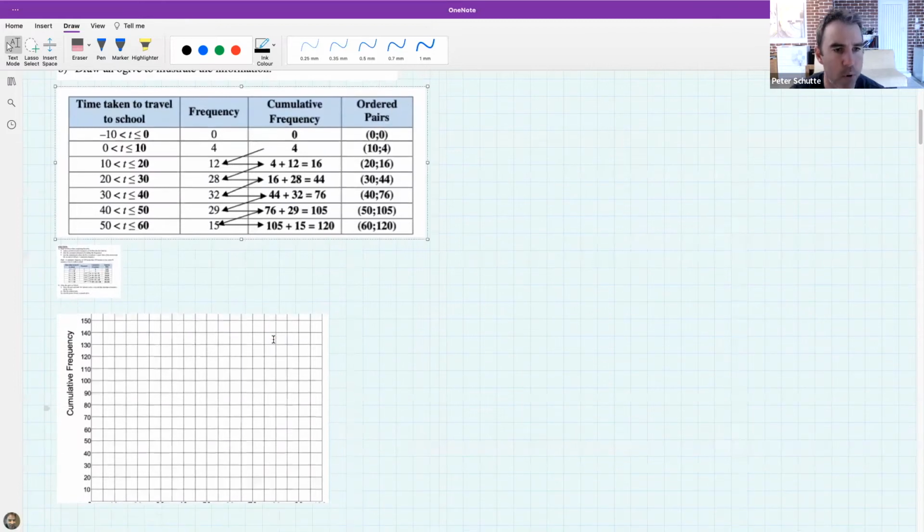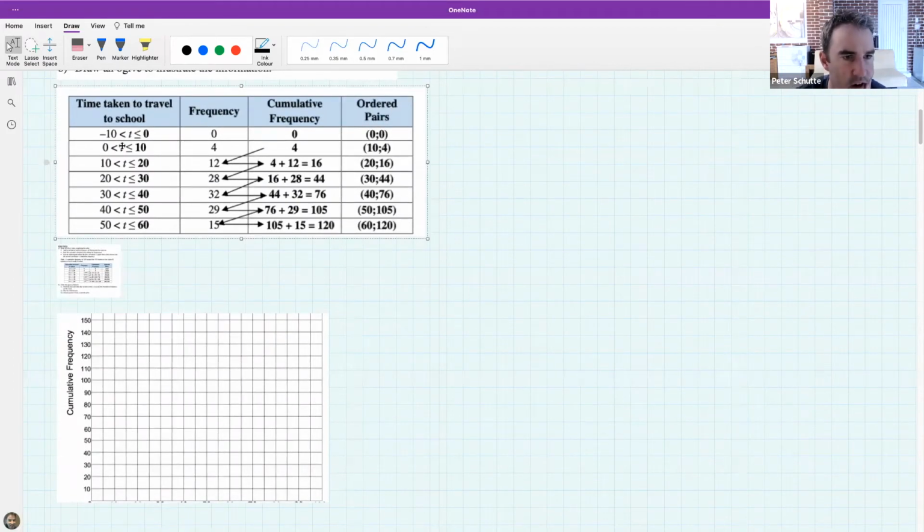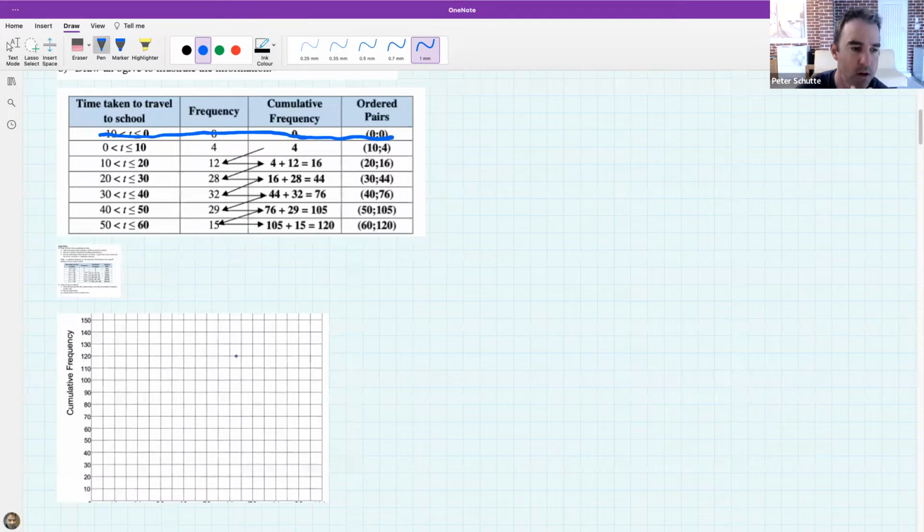Those are the points that you should have. They've added an extra column for this bit, and that's not wrong, but essentially we need to get back to 0. What I do is I just join them up.